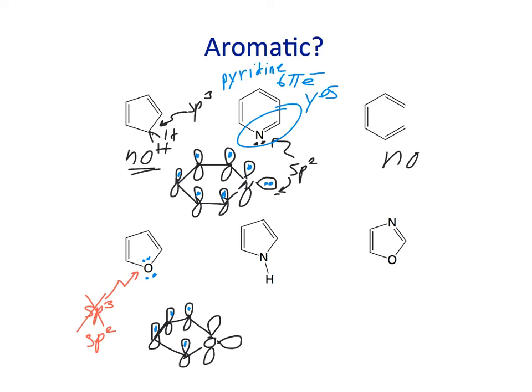And the oxygen puts one of its non-bonding pairs in the pi system and one of the pairs in the sp2 hybridized orbital. Okay, in that way, if we count up the pi electrons, we have 2 from the oxygen, 1 from each of the carbons, and so we end up with 6 pi electrons. This one is aromatic. Okay? This molecule is called furan.